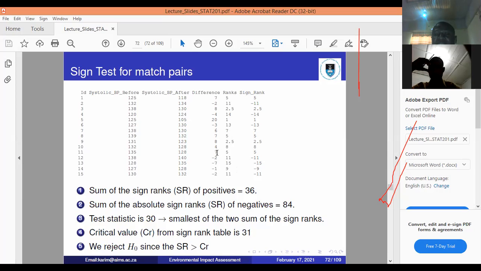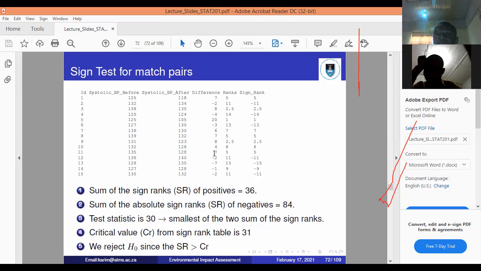Now, what is the next highest after 8? 7. You can see that the 7s are how many? 1, 2, and then 3.